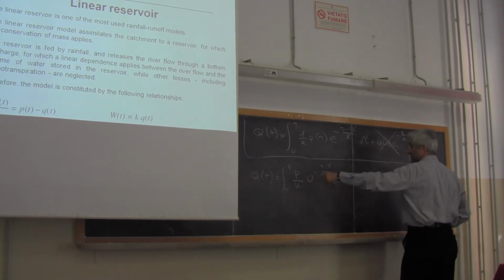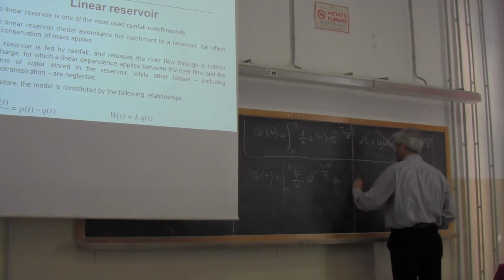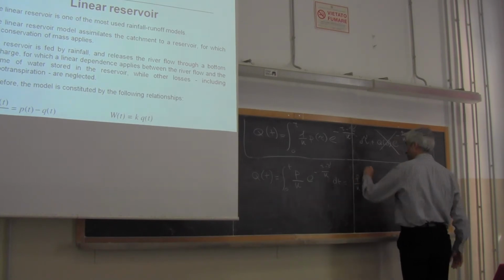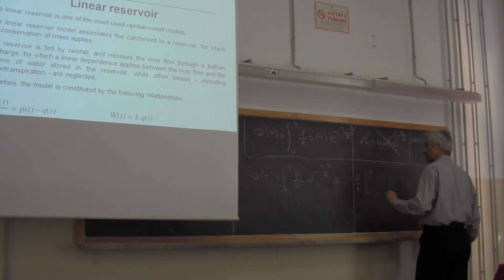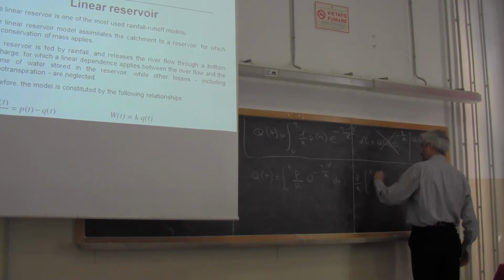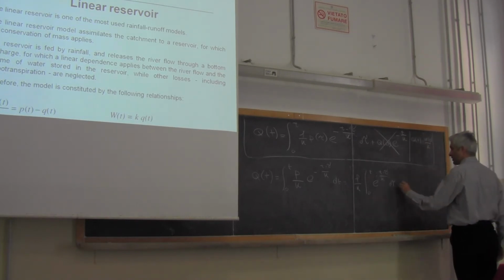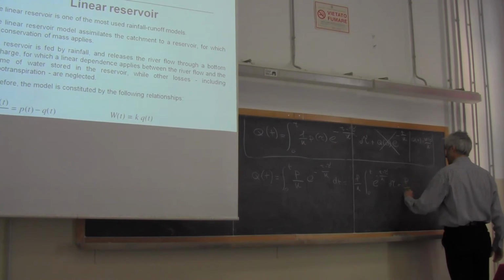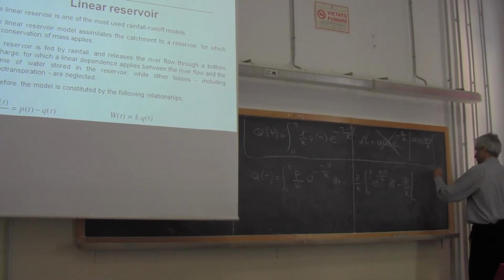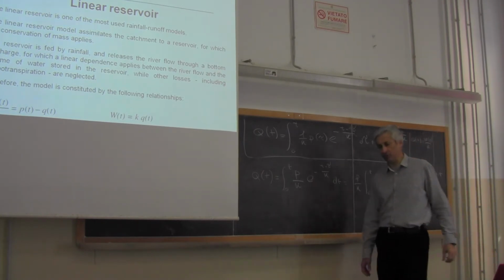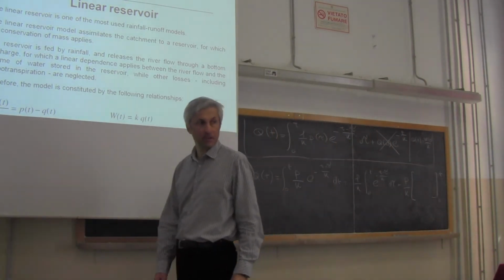I can bring the constant out of the integral sign, so P over K multiplies the integral between 0 and t of e to the power of minus (t minus tau) over K d tau. And this is equivalent to P divided by K, something computed between 0 and t.